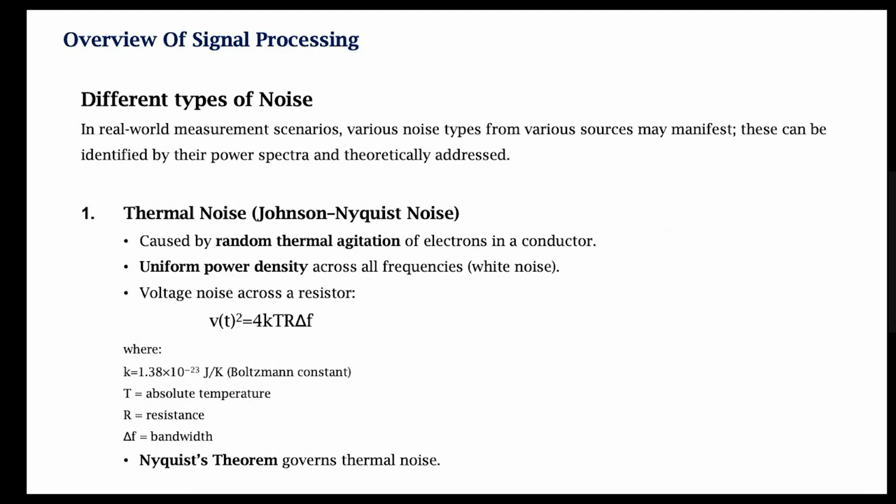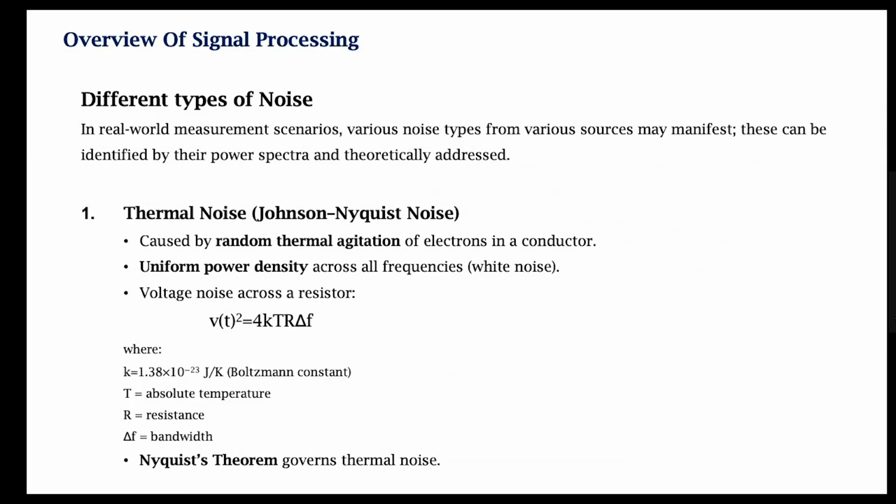Now let's look at the various subtypes of noise. In the real world, various sources of noise exist. This can happen due to the environment, power line interference, thermal interference, and so on.